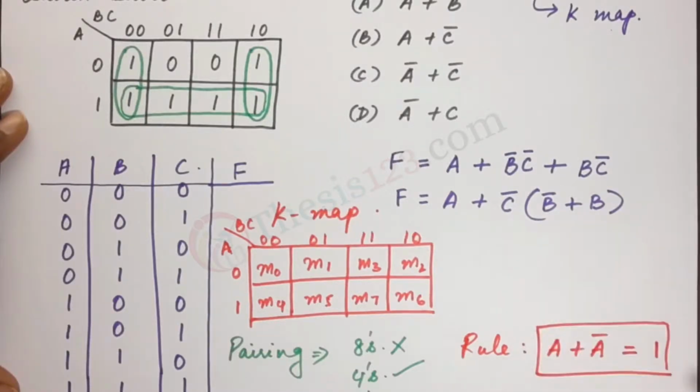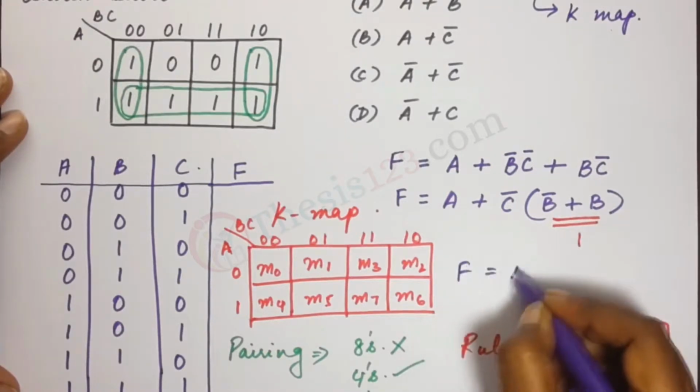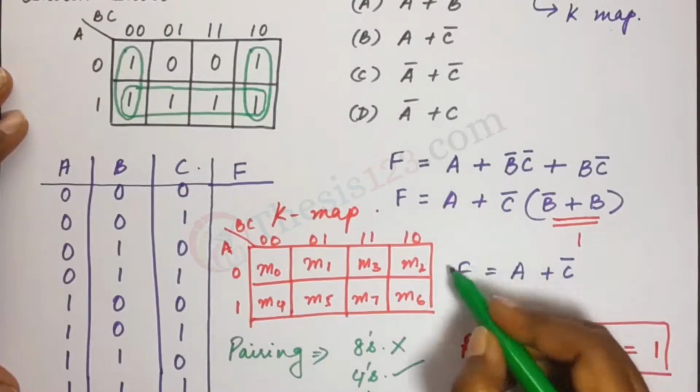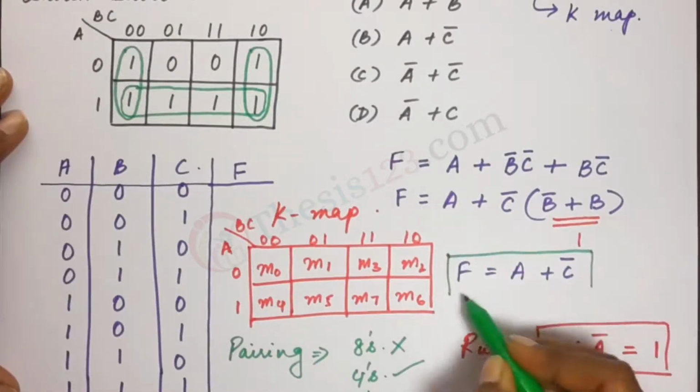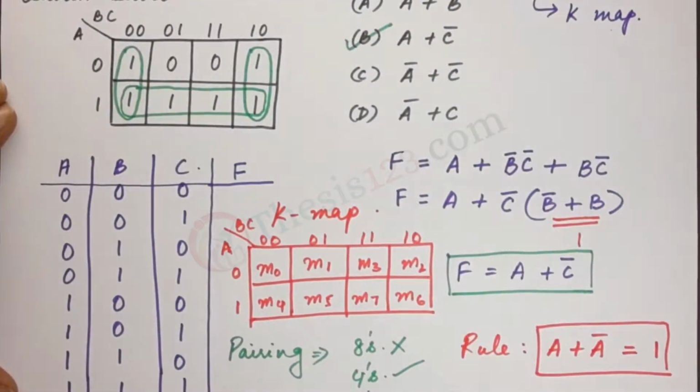Now using this rule here, this becomes 1. And that leaves us with F is equal to A or C bar. So this is our final expression. That matches option B. So option B is the final answer.